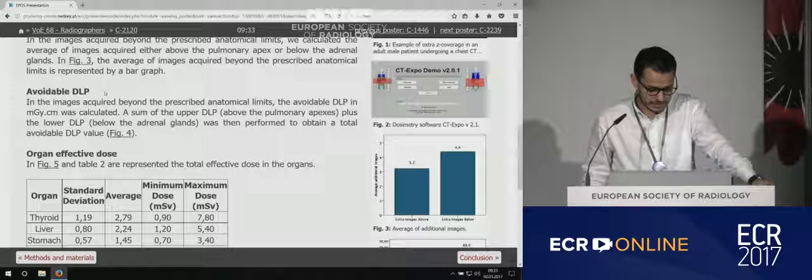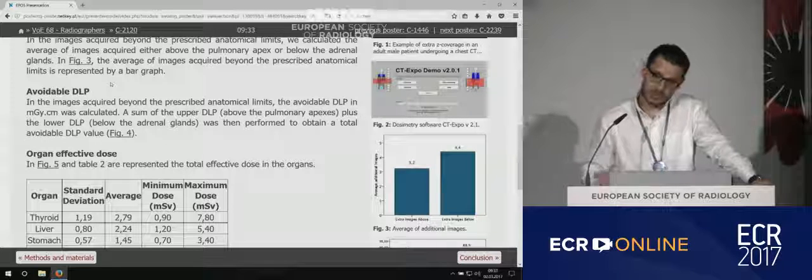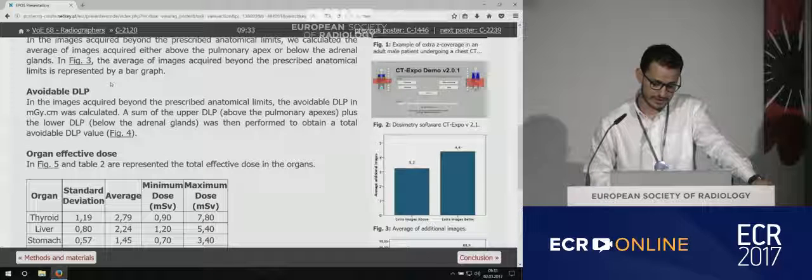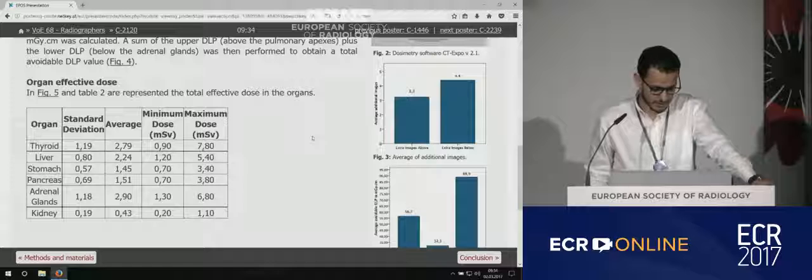The avoidable DLP in images acquired beyond the prescribed anatomical limits, the avoidable DLP in milligray per centimeter, was calculated. Then we sum this up above the pulmonary axis plus the lower DLP below the adrenal glands. And then we performed a total of avoidable DLP. We then moved on to calculate organ effective dose, and this is our standard deviation and averages.